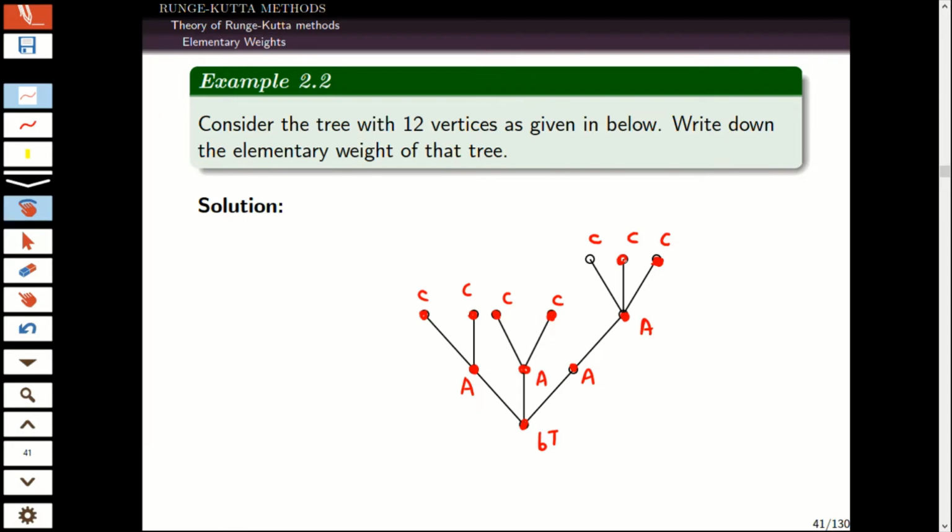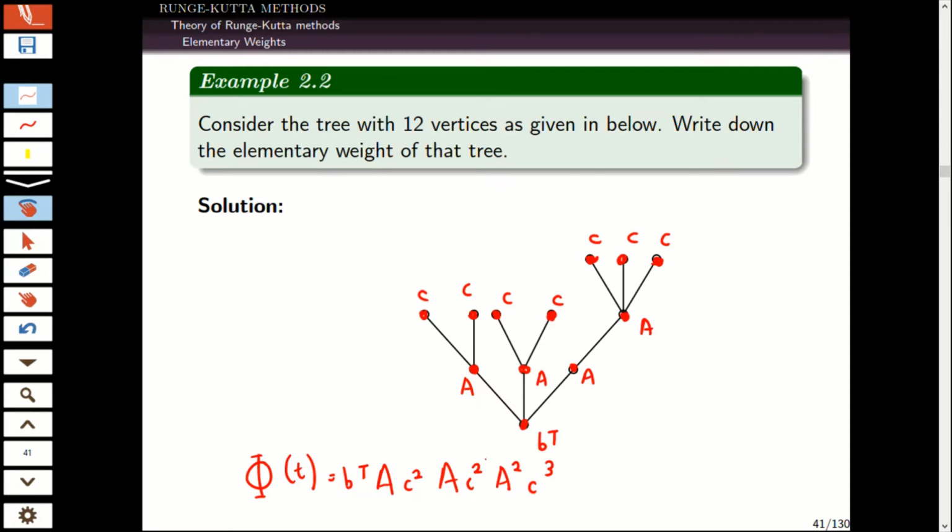Okay, so A will be the one connecting from the root to whatever is in between. So the elementary weight is given by psi(t) equals b transpose A c squared, A c squared, and then A squared c cubed. Okay, this is your elementary weight.